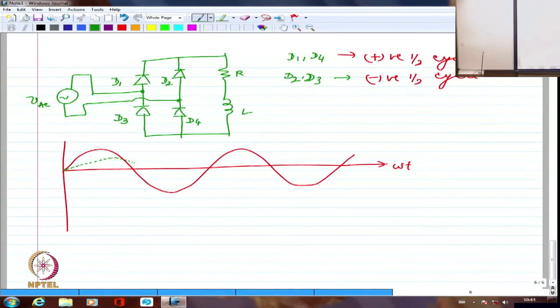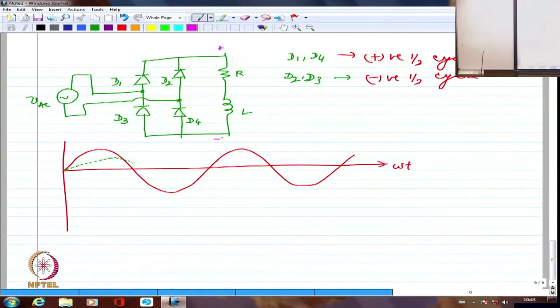Because the moment the negative half cycle starts, D2 and D3 are going to jump into conduction. Once they jump into conduction, again I'm going to get a positive and negative voltage like this. Whether I like it or not, still I will have positive and negative coming up like this. And because positive and negative come up like this, in all probability, I may have the current again increasing.